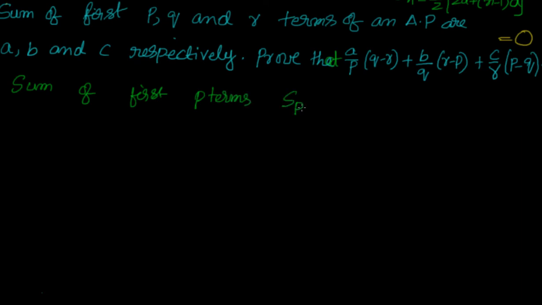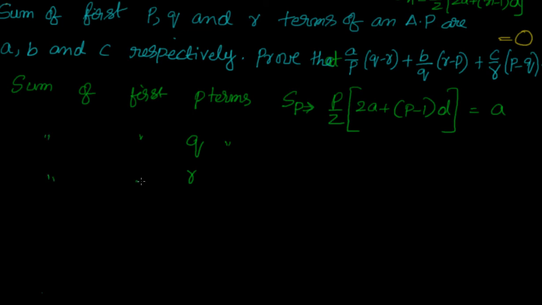S of p is nothing but equal to p by 2 into 2a plus p minus 1 into d, is equal to a. Similarly, sum of first q terms and r terms, I can write as S of q, S of r.